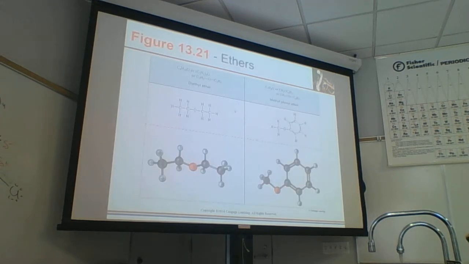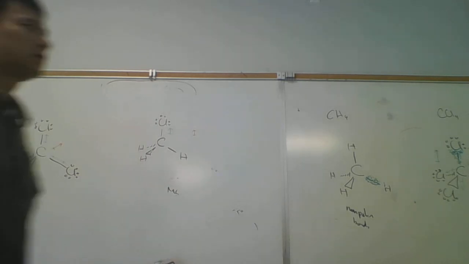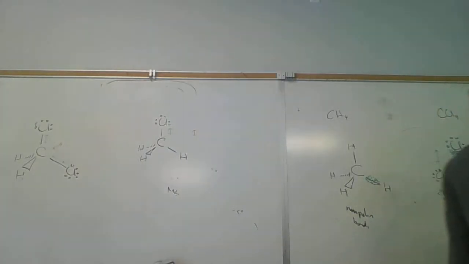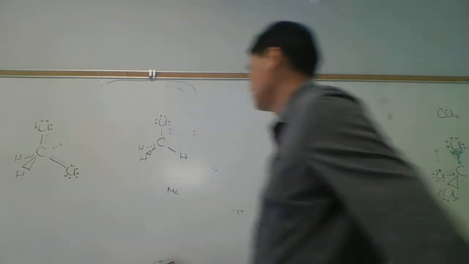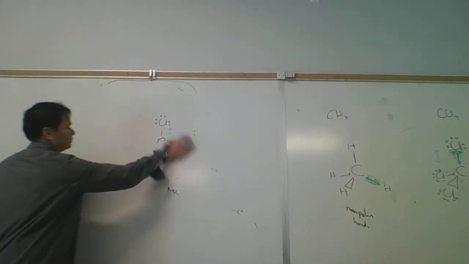Actually, the first drawing I'm going to have you do is, let's do, this is methanol, this is butanol. Let's draw ethanol. I'll just draw it first for you guys.